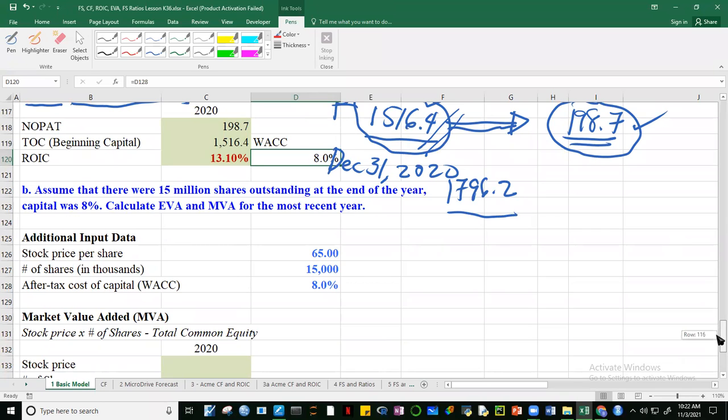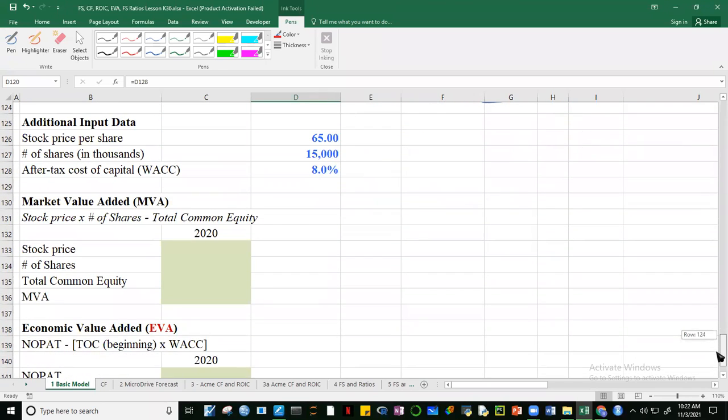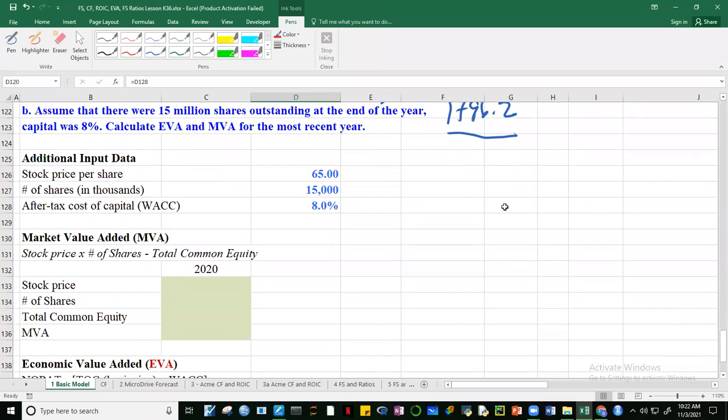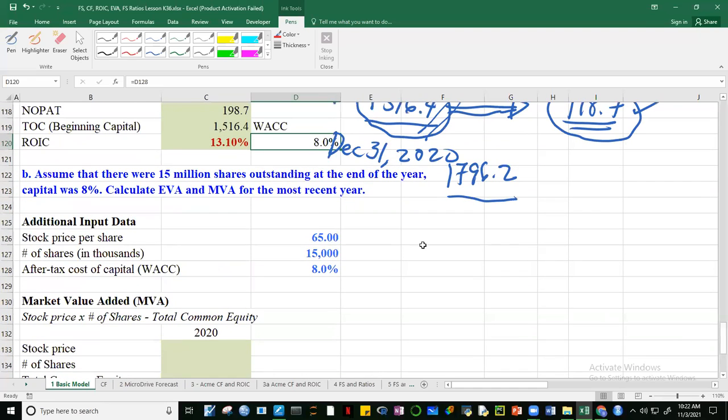Okay, so we have this ROIC. We also have two other measures. We have MVA and EVA. So let's take a look at MVA, market value added, and EVA, economic value added. Okay, so let me answer that question based on ROIC. Was value created?